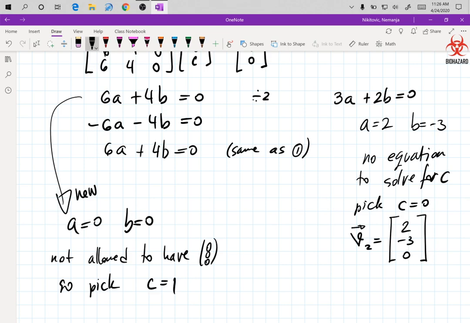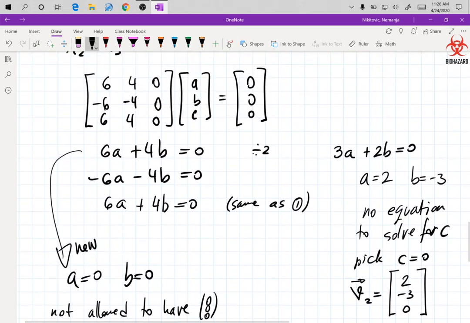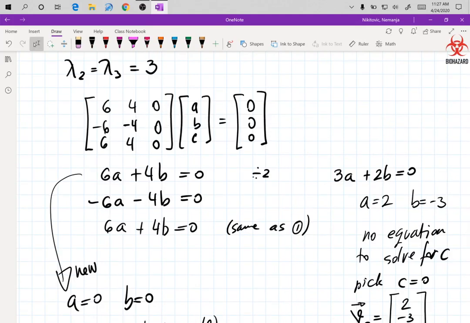So pick C equals 1, and that gives us V3 equals 0, 0, 1. Would that work on top? Sure it would, right? Because it's 0 times 1 for C.